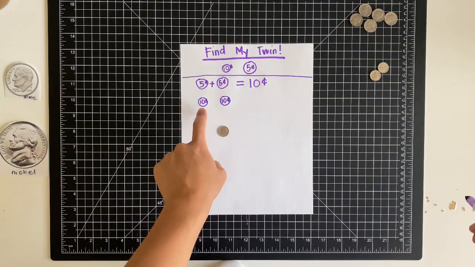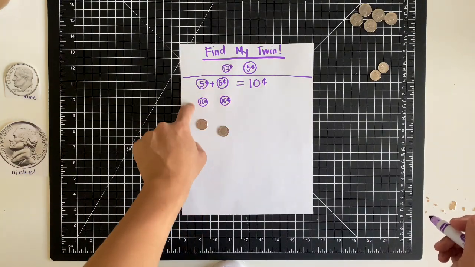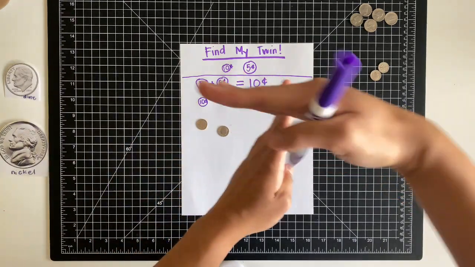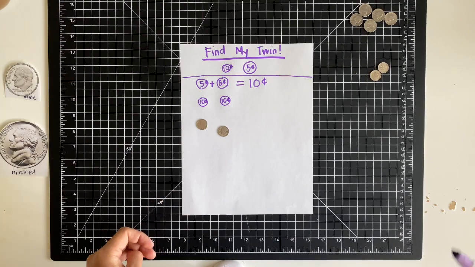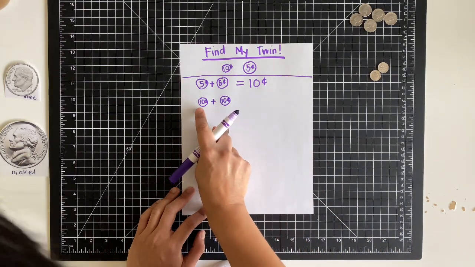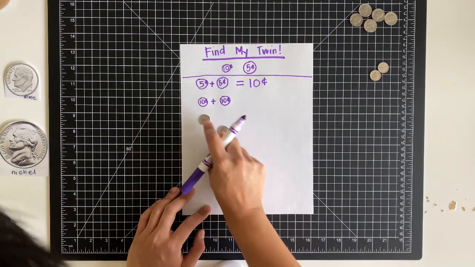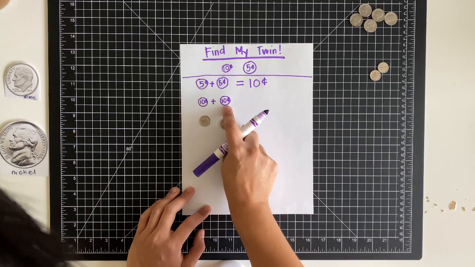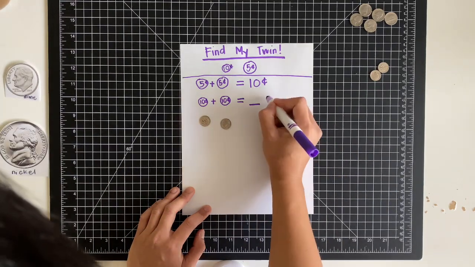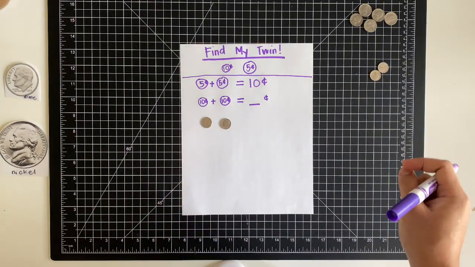And again, I want to know the cents value of both coins all together. So am I gonna use the minus sign or the plus sign? Yeah, I'm gonna use the plus sign because I want to know the cents value of both coins all together. So I'm going to put 10 cents plus 10 more cents equals blank. What's the cent value of both coins? Add it.